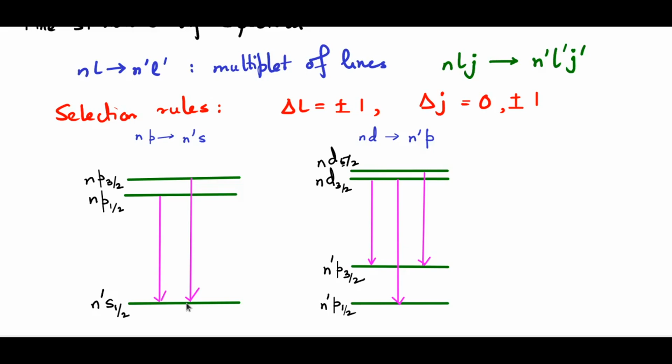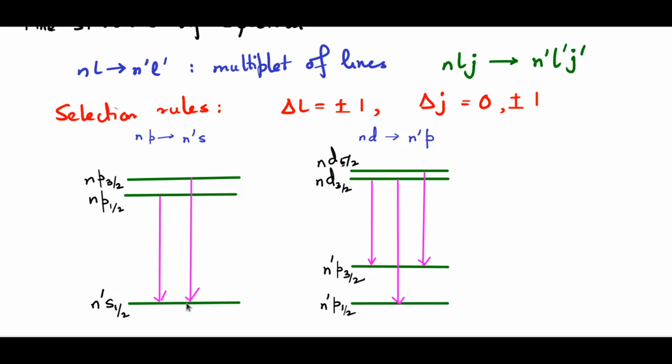Now because both the upper level and the lower level have split into 2 levels, you would expect 4 lines, but because of the selection rule that delta j can only be 0 or plus minus 1 and not go beyond that, you do not have a transition from the nd 5 by 2 to n prime p half. So you end up with only 3 lines in the multiplet. So these are the multiplets that show up in fine structure.